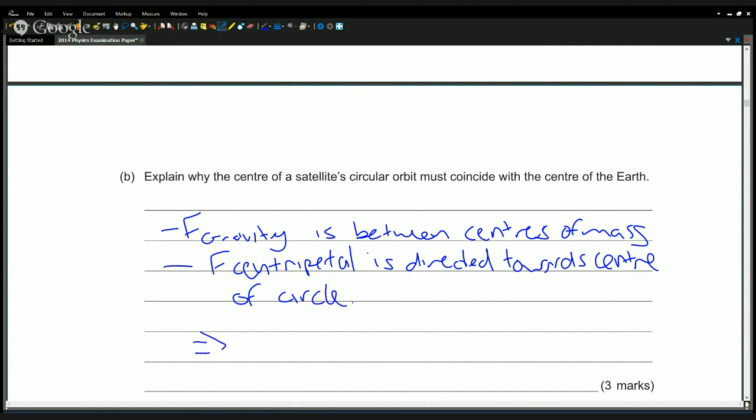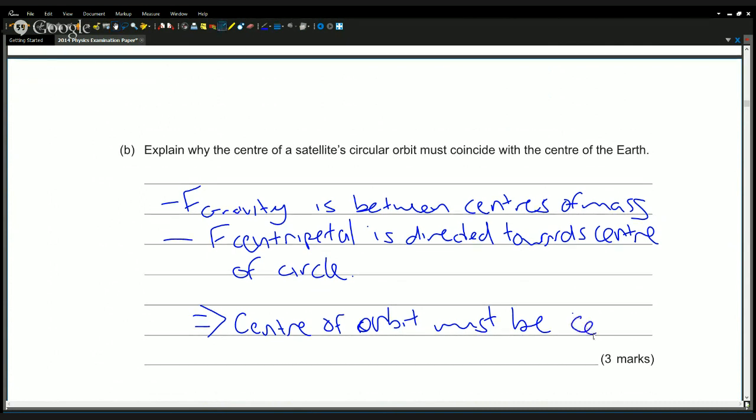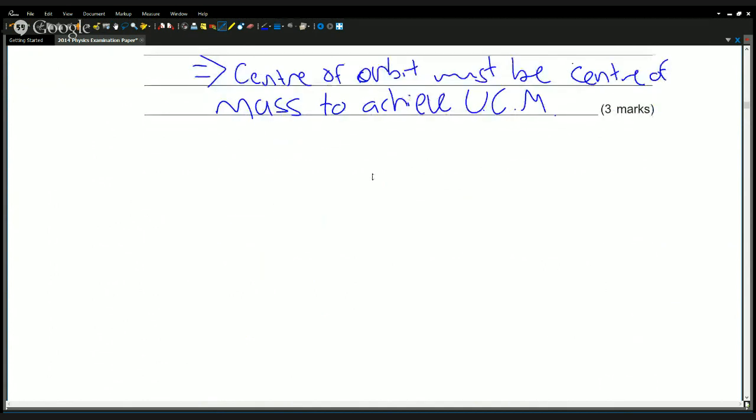That implies the center of orbit and the center of mass must coincide for the two of them to work together, to achieve uniform circular motion. Okay, there you go. Moving on.